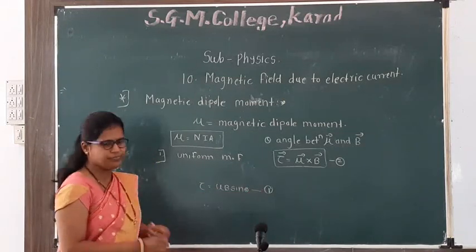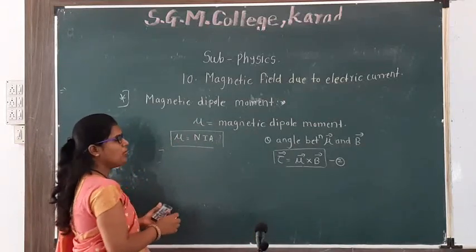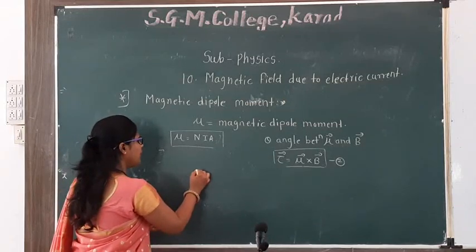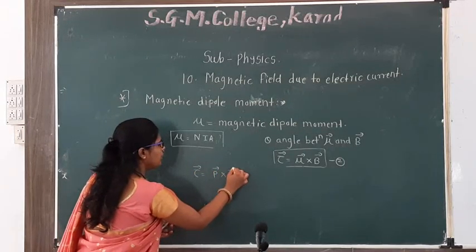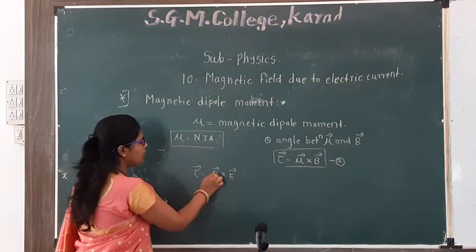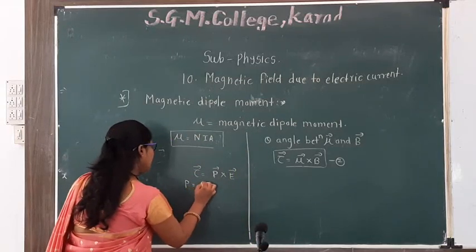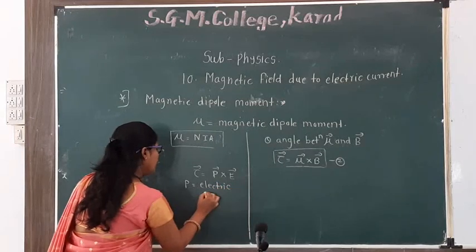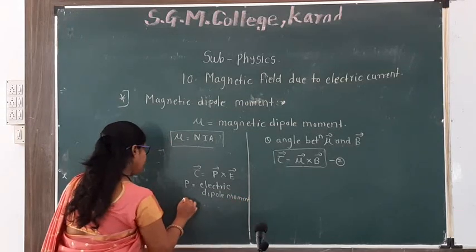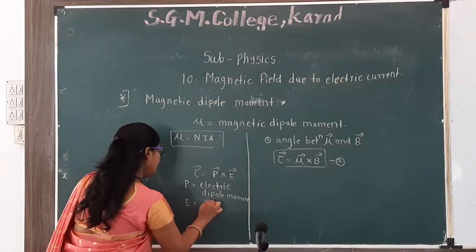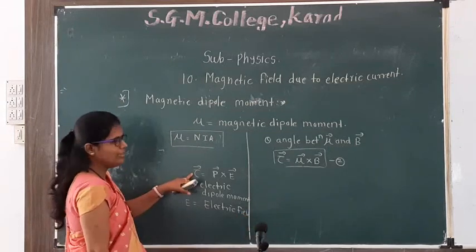In 11th standard, we learned that the torque acting on an electric dipole is vector tau is equal to vector P cross vector E, where P is the electric dipole moment and E is the electric field.